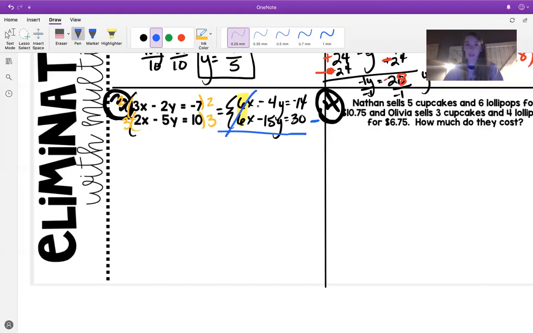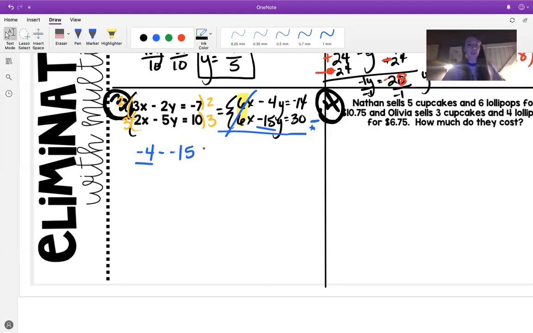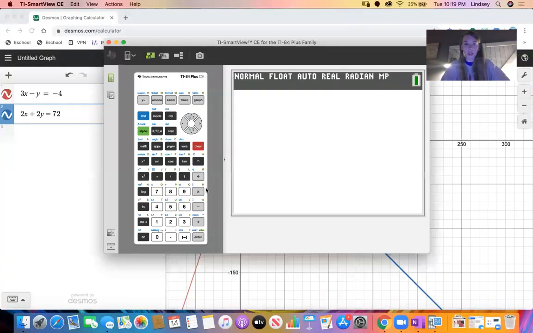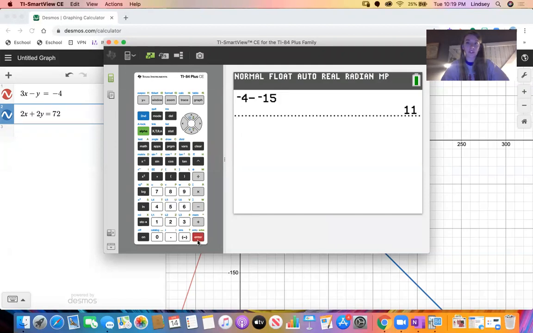Then I've got a negative 4 minus a negative 15. Now that is a lot of subtracting going on. We have the negative 4 minus the negative 15. If you need to go to your calculator, do it. If you struggle with your negatives, a negative 4 minus a negative 15 is 11.